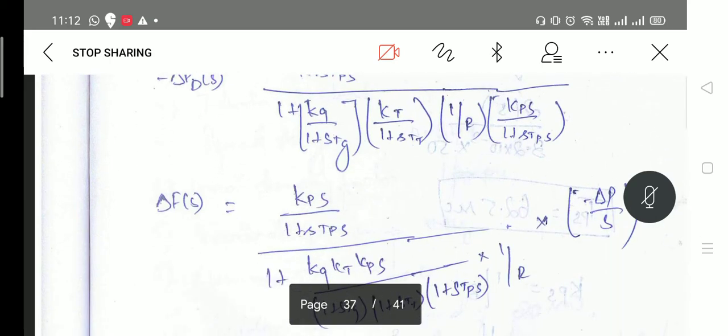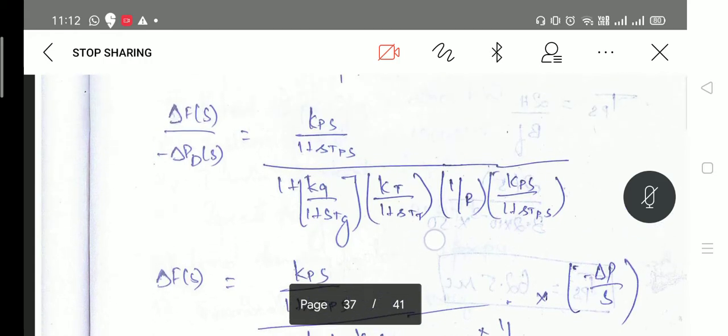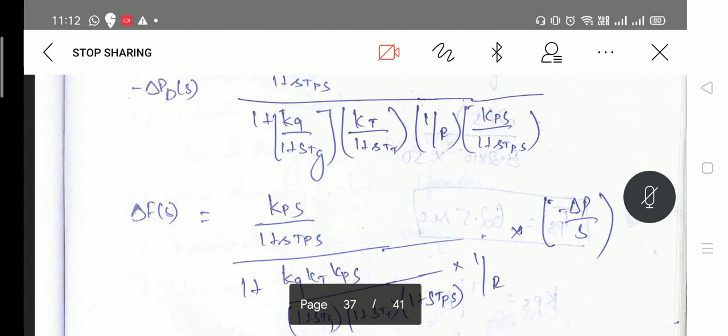Okay, from this, for simplifying, we will get delta F of s is equal to, taking only delta F of s, with delta PD of s on this side.